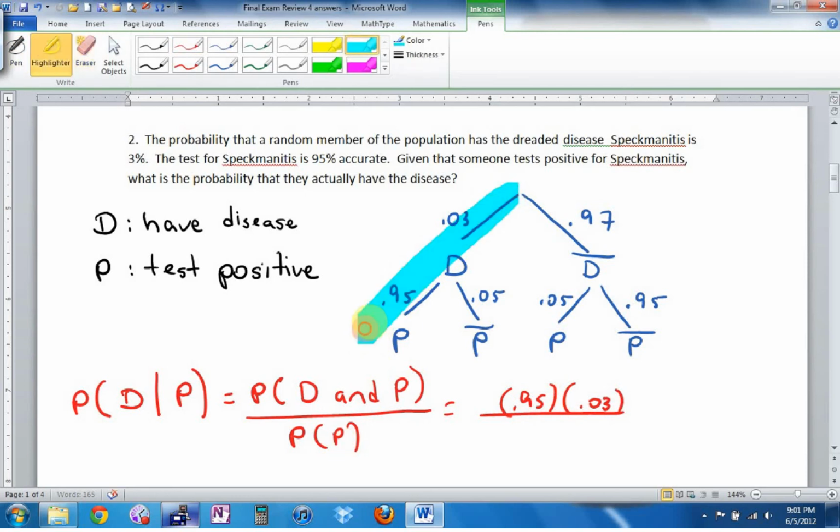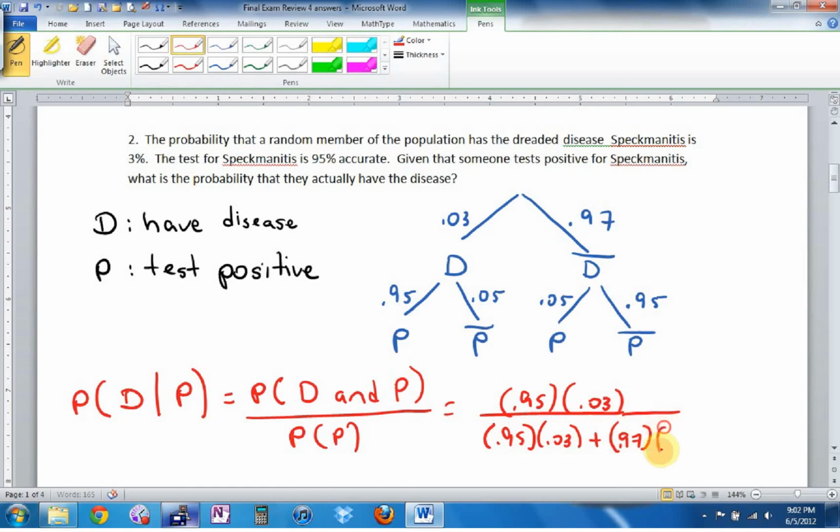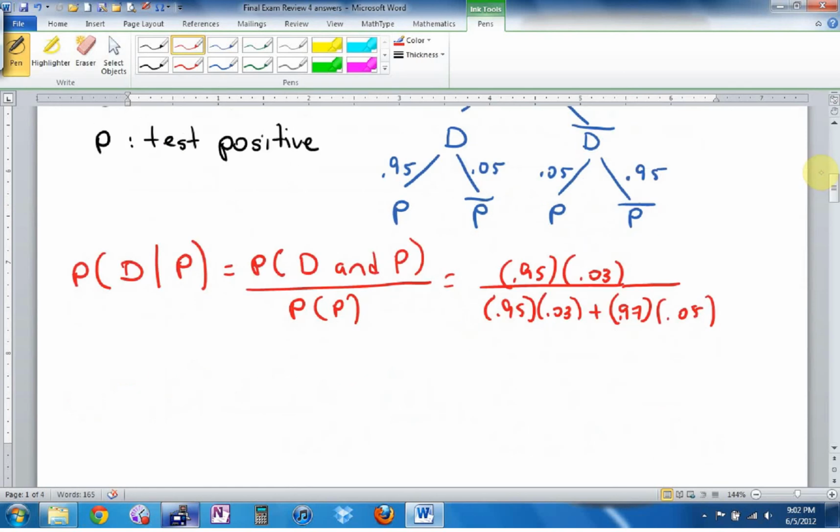This branch or this branch? 0.95 times 0.03 or 0.97 times 0.05. Can these cancel? They aren't factored. Don't you dare. Final answer.